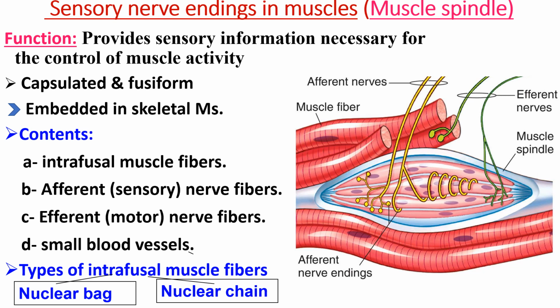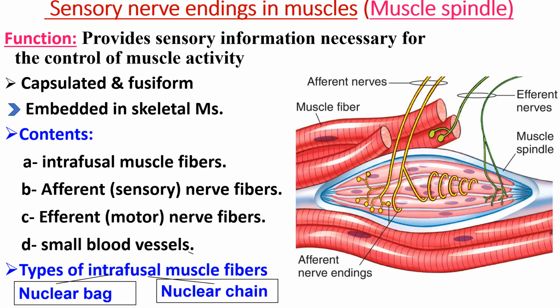The efferent nerve fibers, which are motor nerve fibers, are necessary for the movement of these intrafusal muscle fibers. The afferent or sensory nerve fibers are of two types.